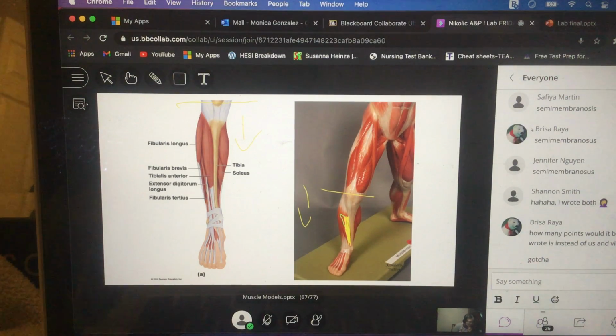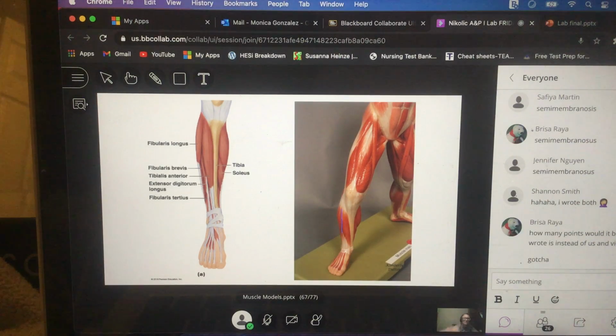So that's the tibialis anterior, and you need to know the fibularis longus. In this image, the fibularis longus, now be careful. It's very hard to see here.